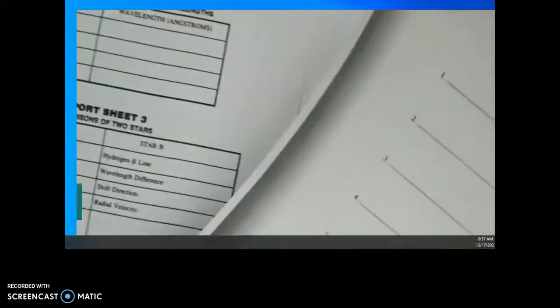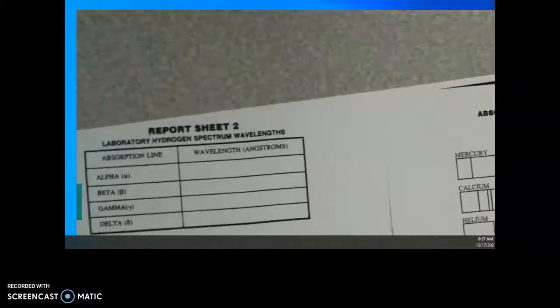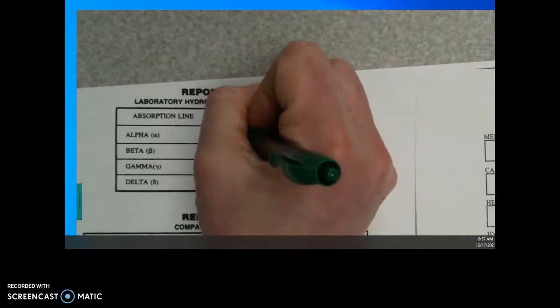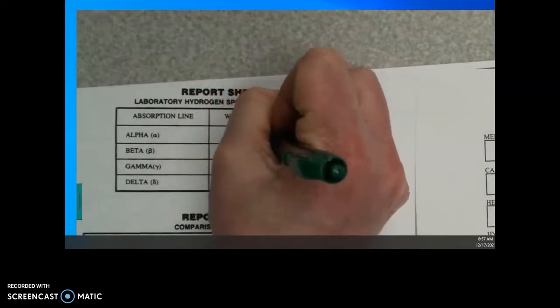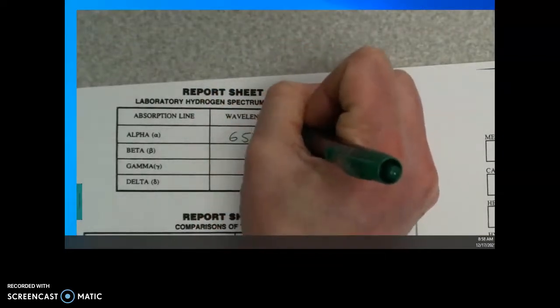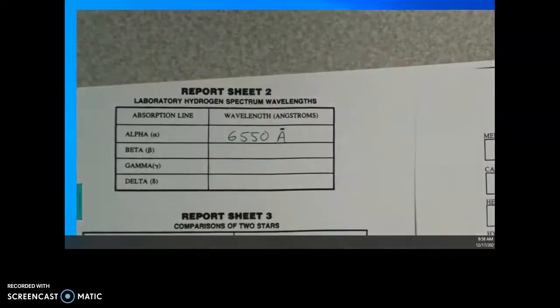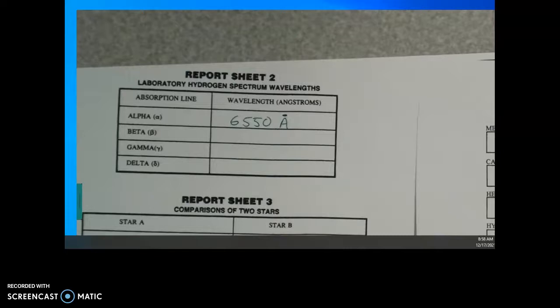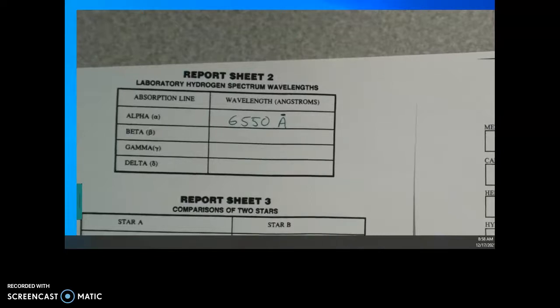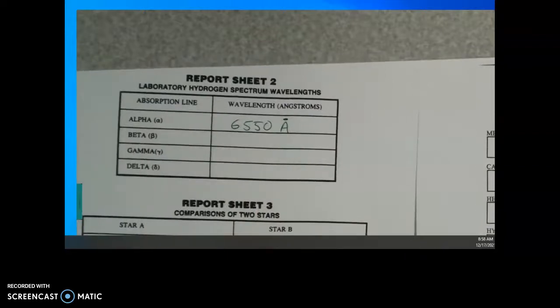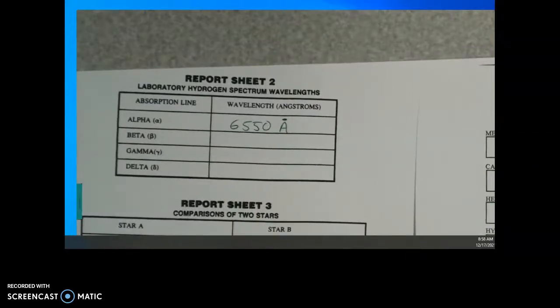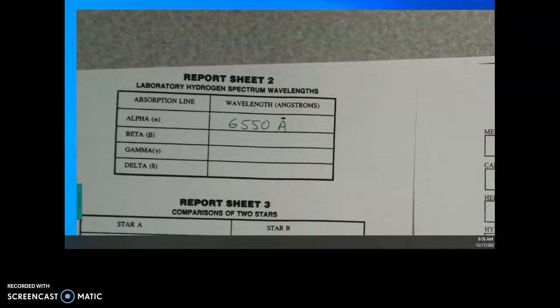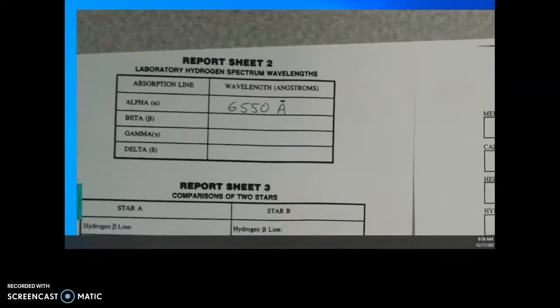So that's what I'll be recording right here. 6550, and then the symbol for angstroms looks like a little California Angels logo. It's like an A with a little halo over top of it. And then we're going to do the same thing, and I want you guys to do the same thing for the other 3 lines. So go ahead and do that.